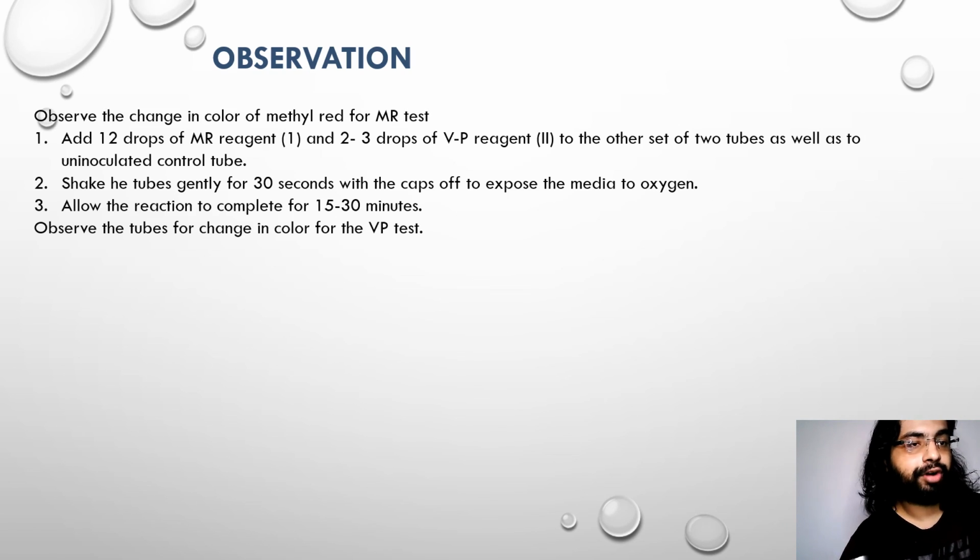Add 12 drops of VP reagent 1 and 2 to 3 drops of VP reagent 2 to the other set of tubes as well as to the uninoculated control tube. Shake the tubes gently for 30 seconds with the caps off to expose the media to oxygen. Allow the reaction to complete for 15 to 30 minutes. Observe the change in color for the VP test.